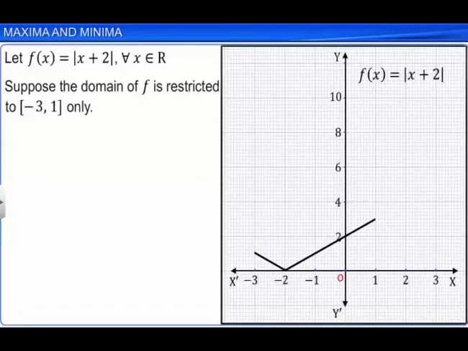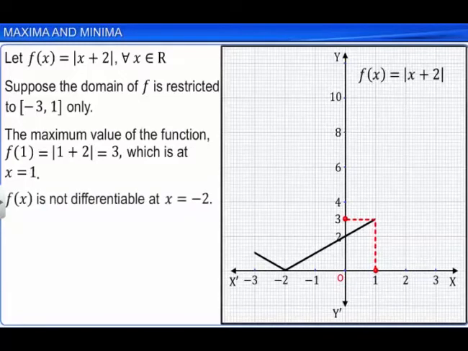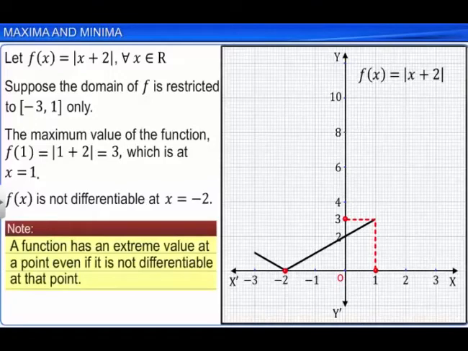In this case, the maximum value of the function is 3, which is at x = 1. If you notice, you will observe that the function is not differentiable at x = -2. This shows that a function has an extreme value at a point even if it is not differentiable at that point.